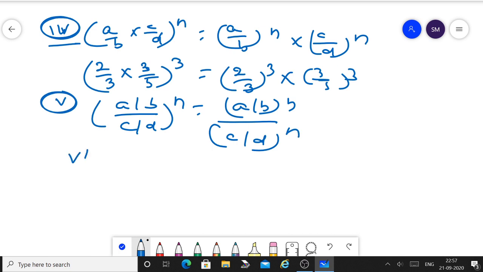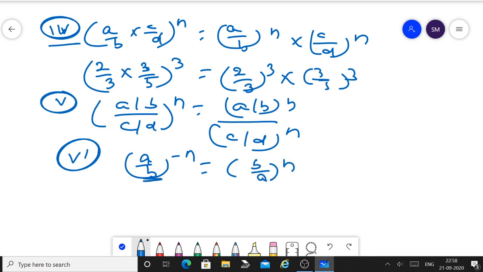Then suppose a upon b to the power minus n, then take the reciprocal of the base, then make the exponent positive. Okay? Then another law: a upon b to the power 0 is equal to 1. I have told you before that whatever the base may be, it doesn't matter. When the exponent is 0, the value is 1.